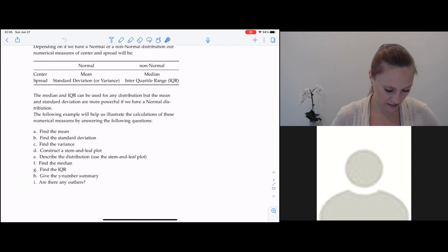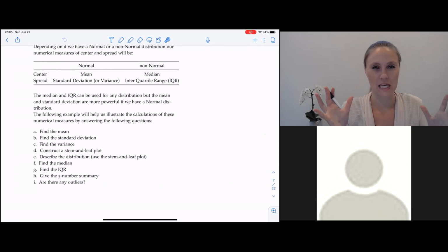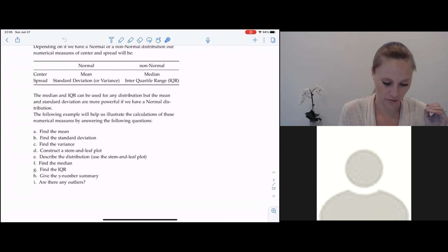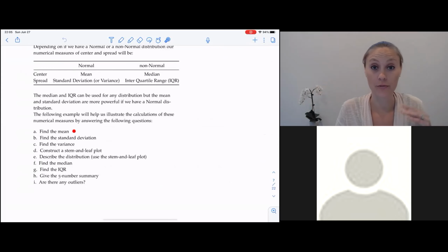Okay, so what I want to do is a big example where we work through how to find the mean, just in case you need a refresher. Finding the standard deviation, that's a doozy. Finding the variance is not going to be as bad.